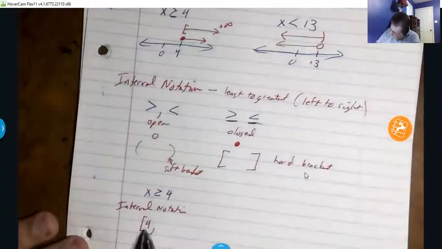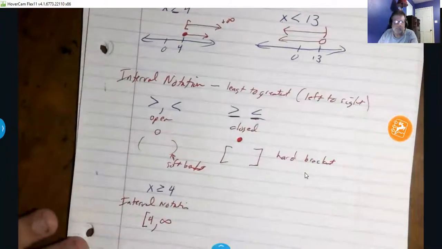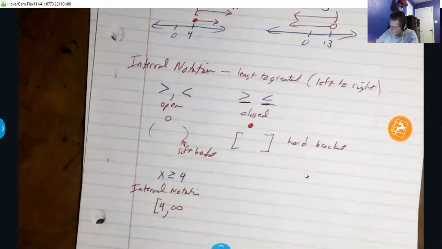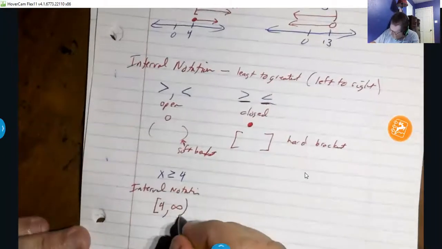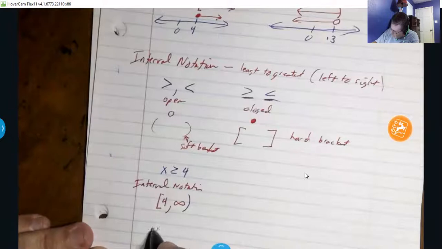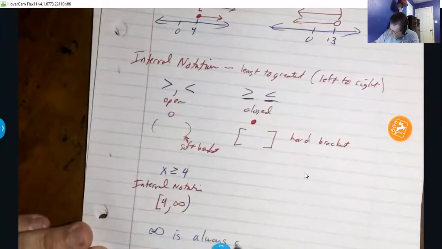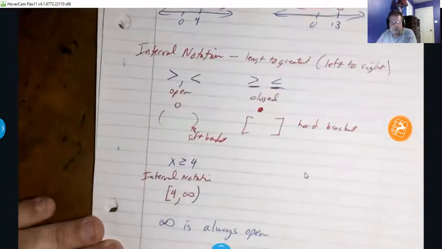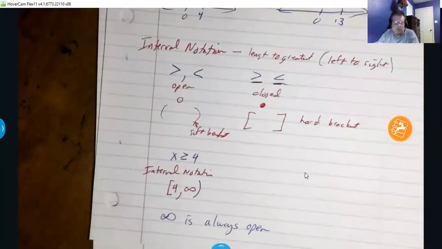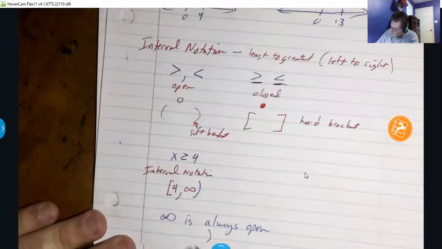And so we would go from 4, include it, all the way to positive infinity. However, infinity is always considered open. So you never use a bracket. You always use a parentheses.